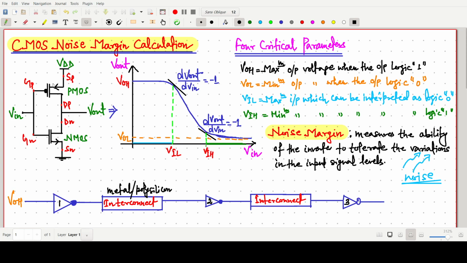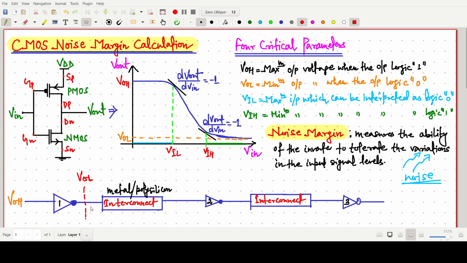To illustrate the concept of noise margin we are using a three inverter circuit, and in between them two interconnects are there. If we give an output high voltage VOH from the first inverter, the corresponding output at this side will simply be our low value, VOL.